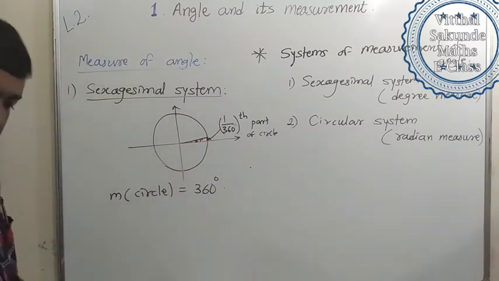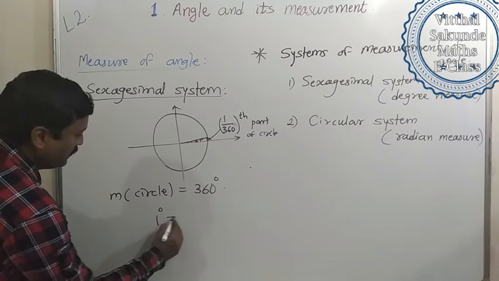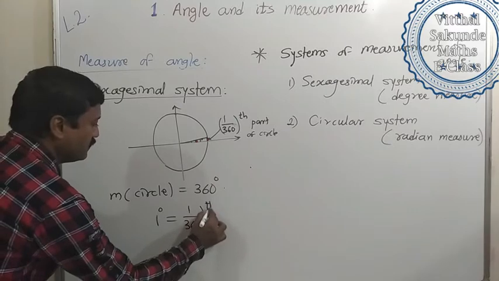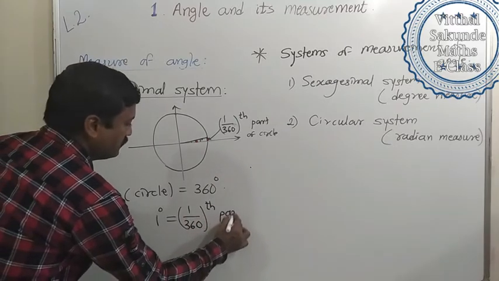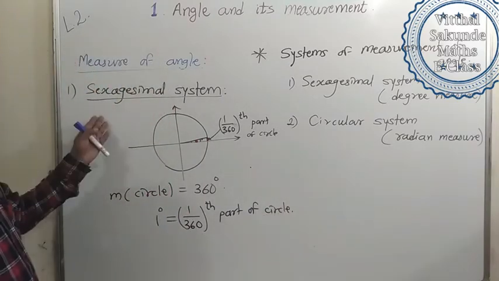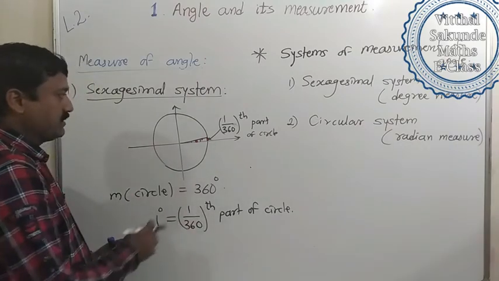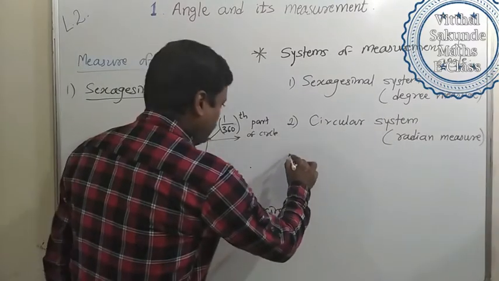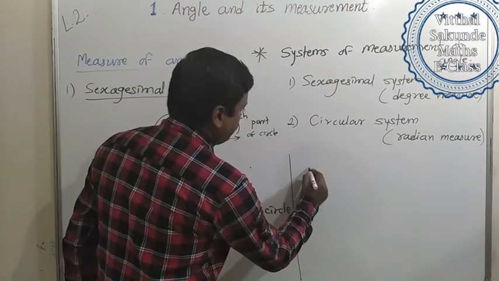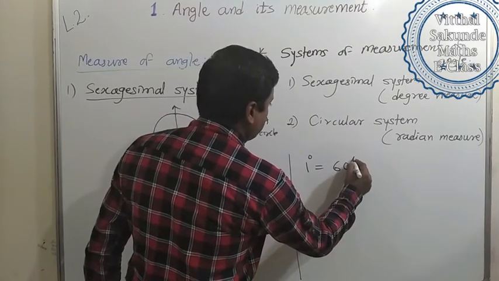So 1 degree is nothing but the 1/360th part of a circle. Is it clear? Actually, we have used this system in our previous classes. Now, can we further divide this 1 degree angle? Yes, 1 degree is 60 minutes.